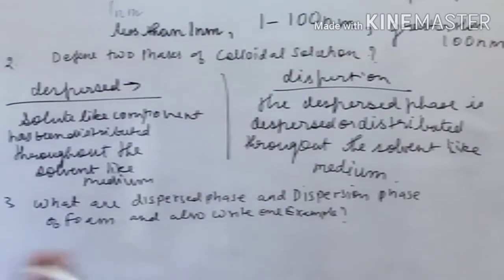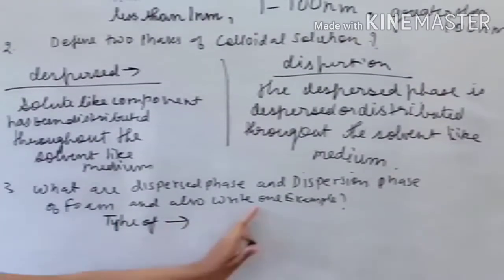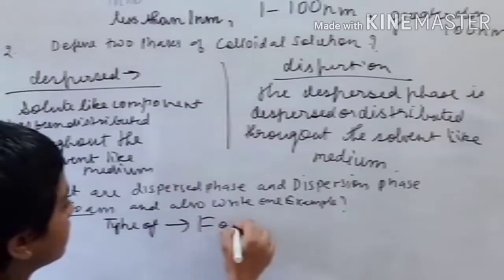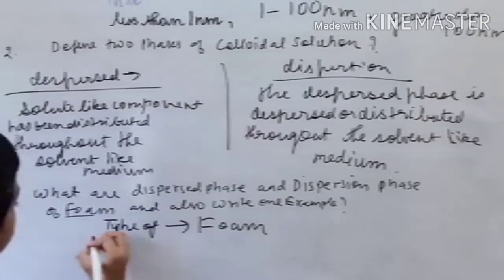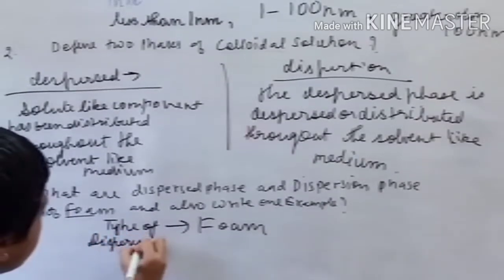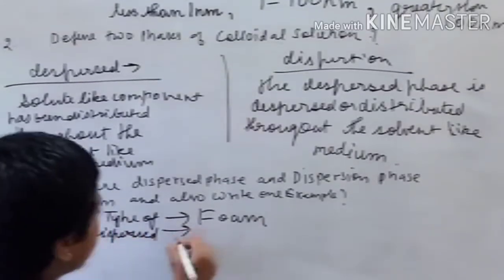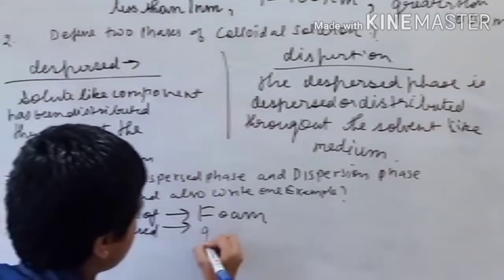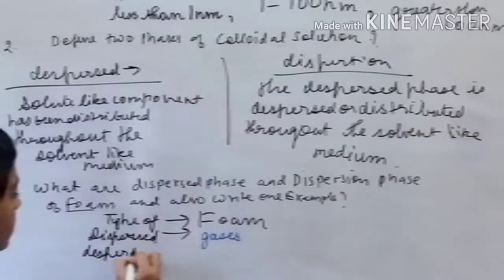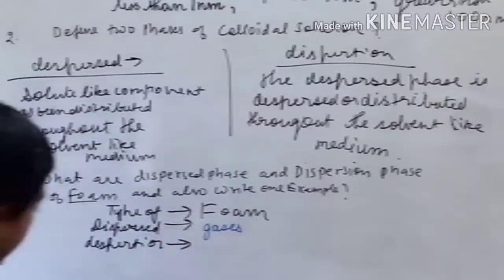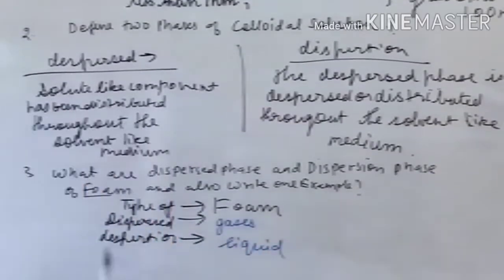Over here, what is the type of colloid? The type of colloid is foam.